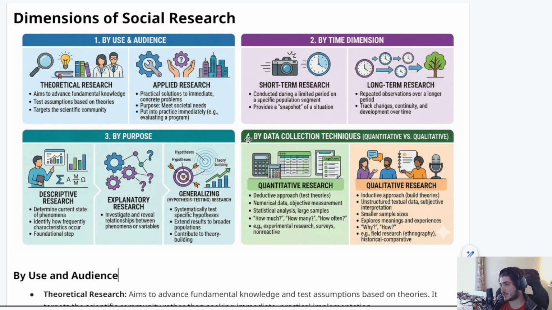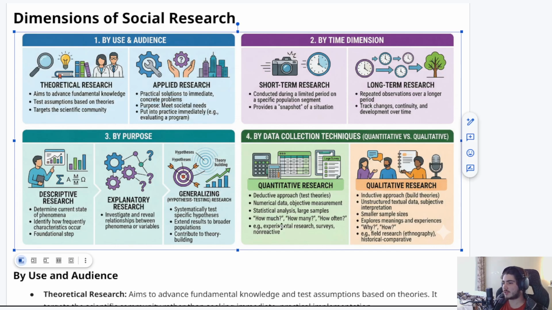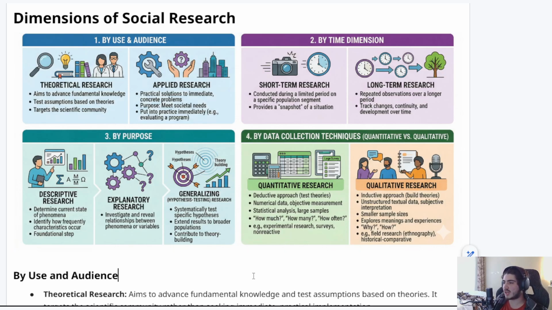Now, when we sort by data collection techniques, we can see quantitative and qualitative research. Quantitative is basically nerd stuff. You go math, statistics, numerical data. How much, how many, how often. Experimental research, surveys, non reactive stuff.